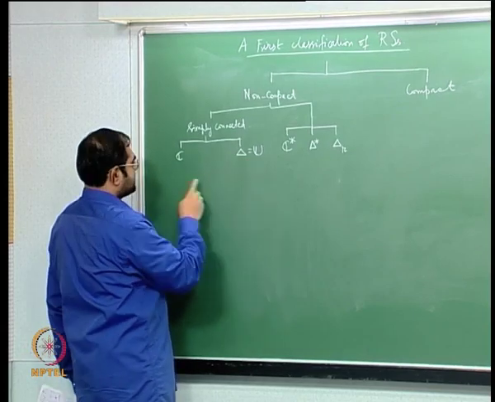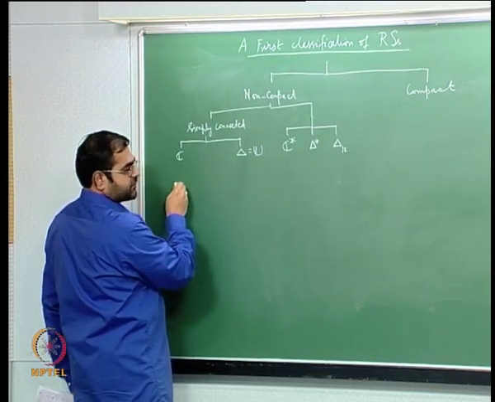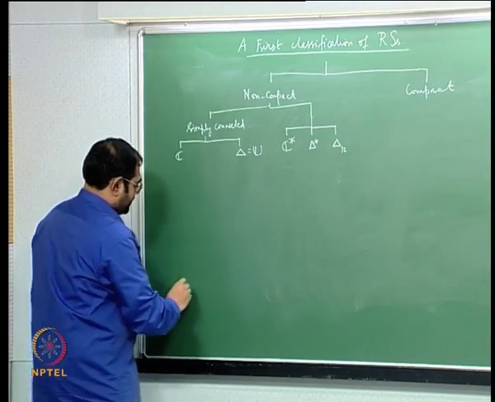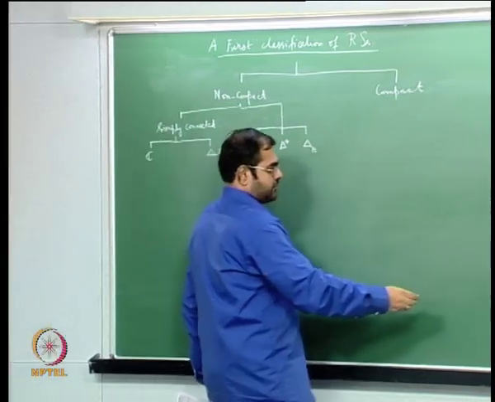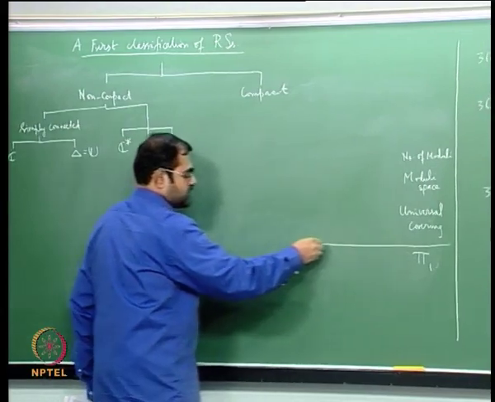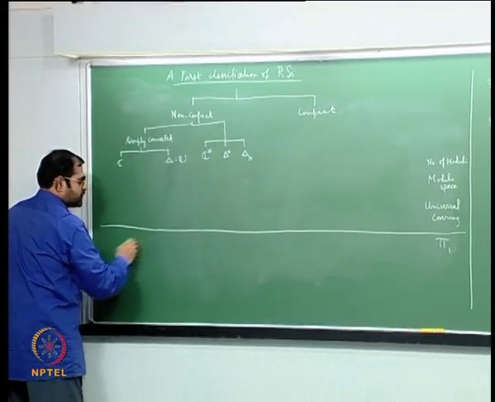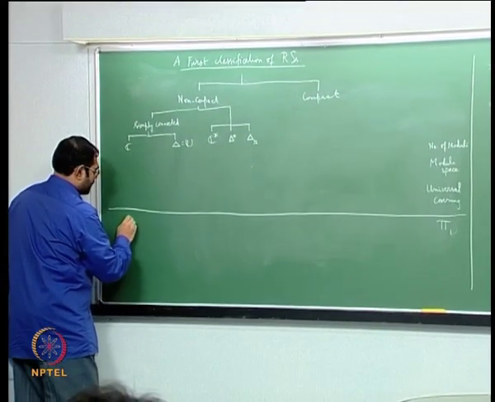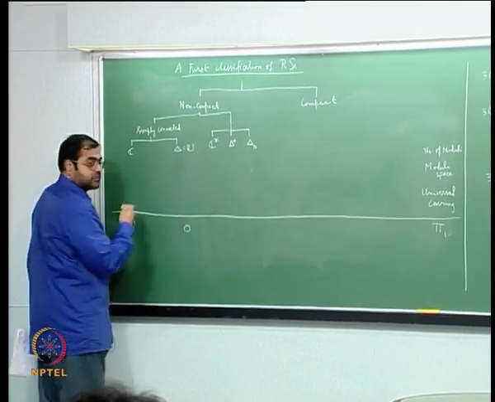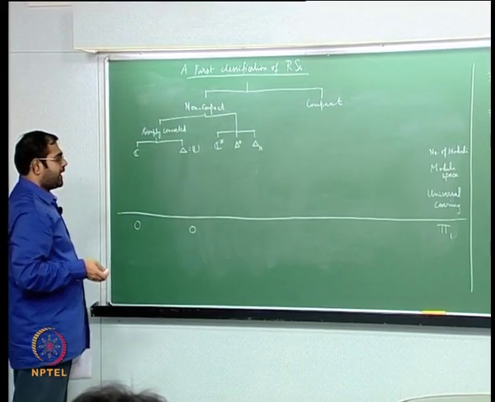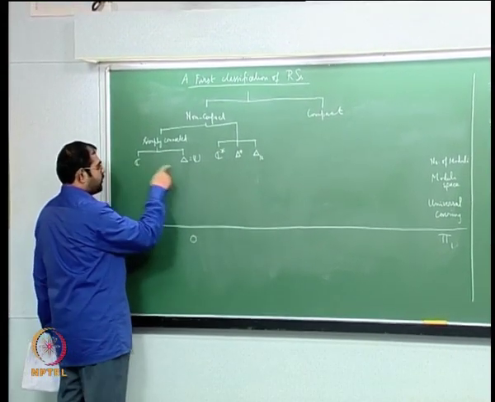So what happens is that you get a degenerate situation. Let me draw a line here. In this case, the first fundamental group is 0 for both, because both are simply connected.